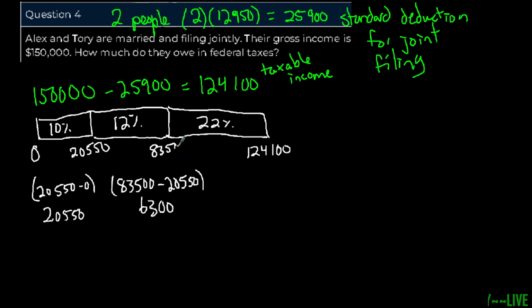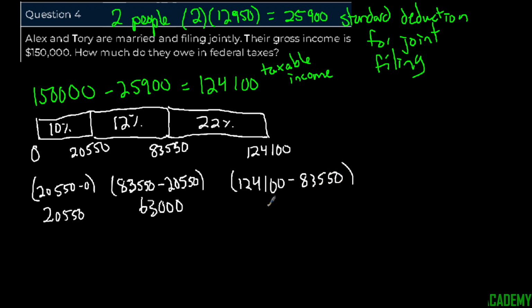So 83,550 minus 20,550. Now that's how we get 63,000. And then our last bracket, we have 124,100 minus the 83,550, which gives us 40,550. Again, make sure you take your percentages of these numbers.